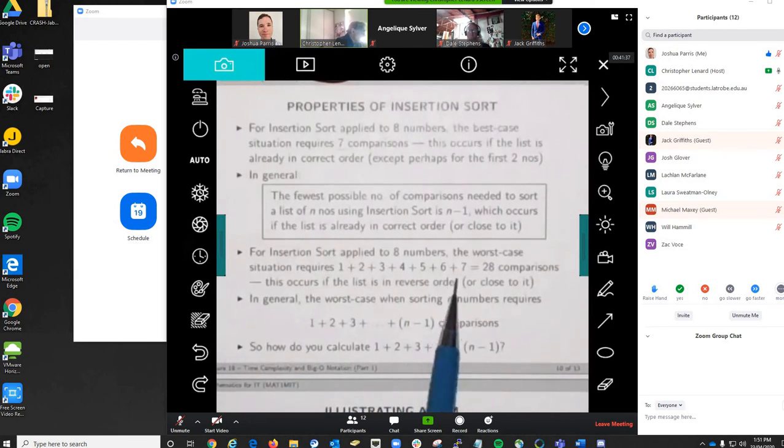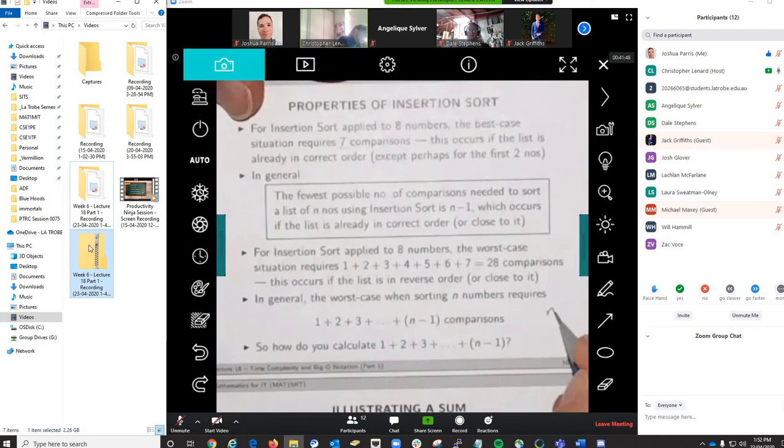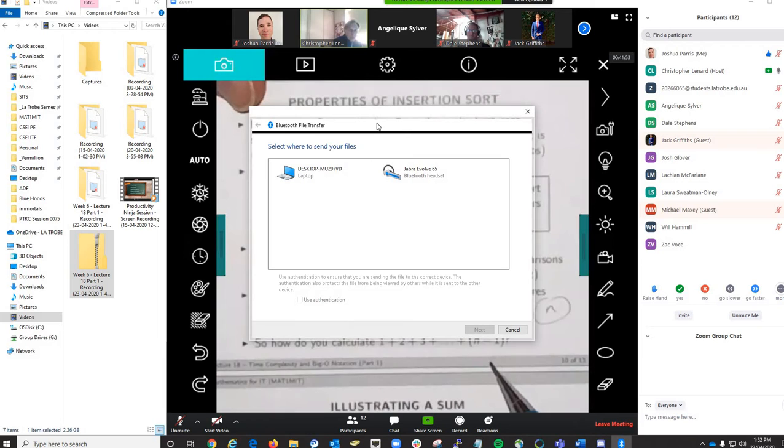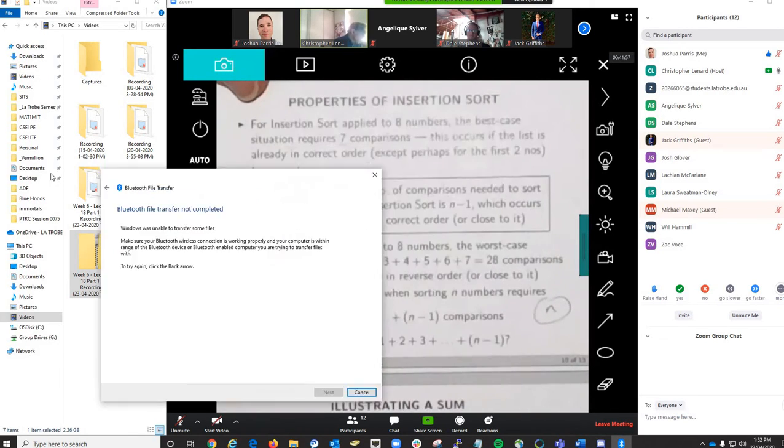The worst case is if it's actually in the reverse order, and then you get this sum, 1 plus 2 plus 3 all the way up to n minus 1 comparisons. If you remember, n is the size of the list. We've talked about 1 plus 2 plus 3 plus all the way up to n minus 1.